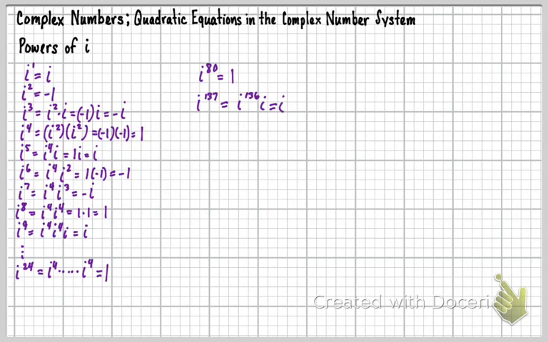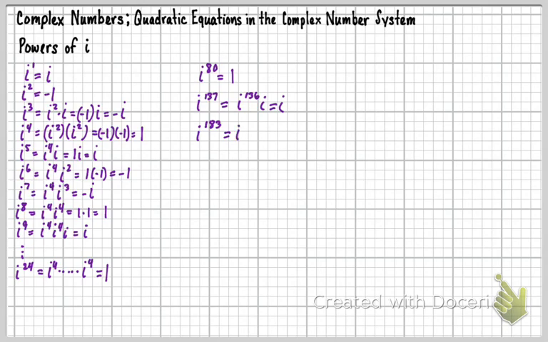Okay, one more I want to do here. So let's do i to the 183. Okay, so now I'm just going to take that 183 and divide it by 4. And we're going to get 45.75. So I know it goes into it at least 45 times. So 45 times 4 is going to be 180.